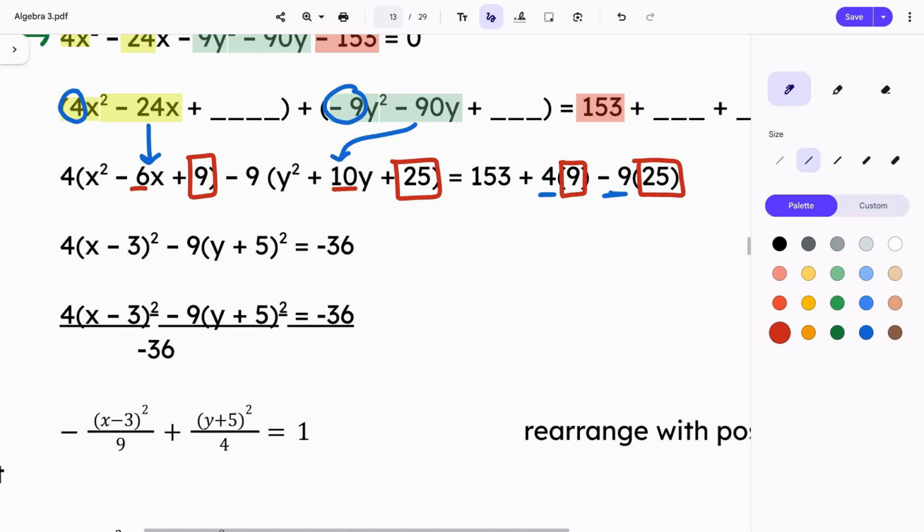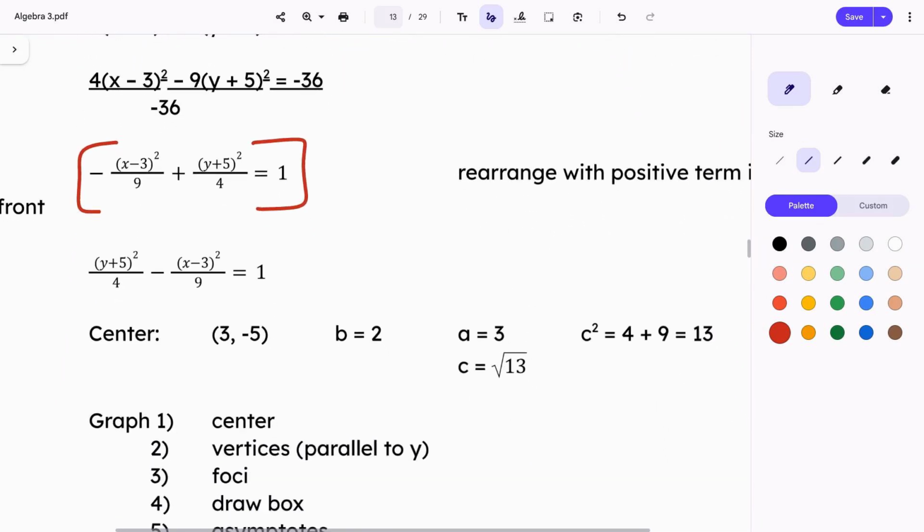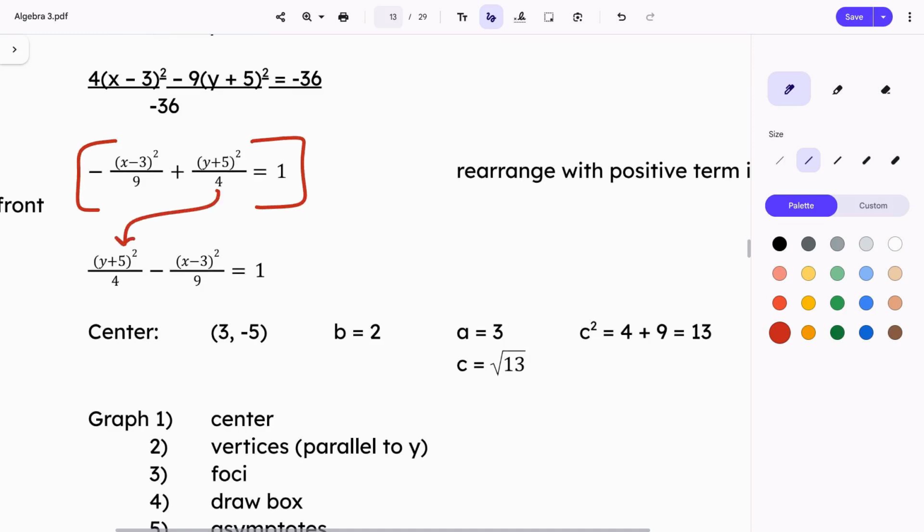So in this case, when they wrote it down here, that first piece, the one with the x, has the negative in front of it. So that's actually in the wrong spot. The y has the plus sign in front of it, so I need to just flip those around to get the positive term to come first. And that's what they're doing here, they're just rearranging so that the positive term is in front. So the y piece comes first, and then it now says minus the x piece.